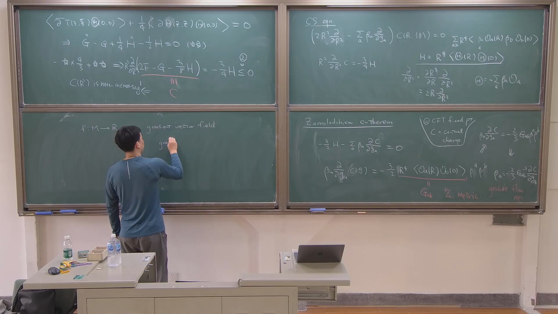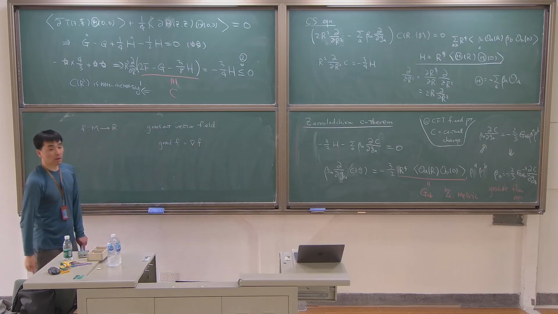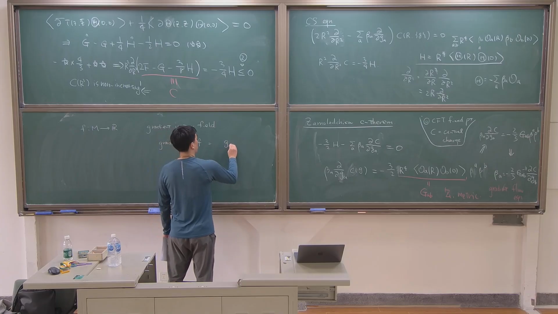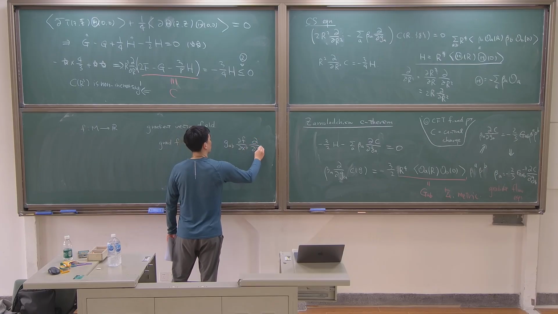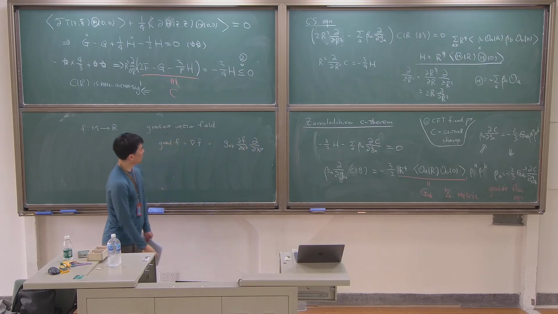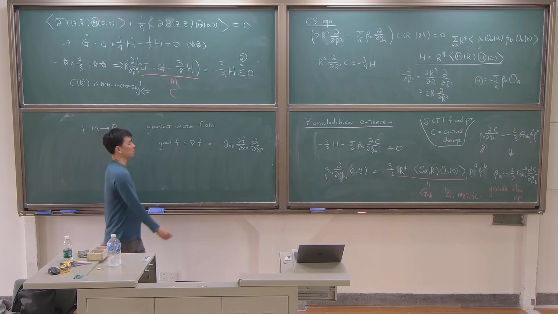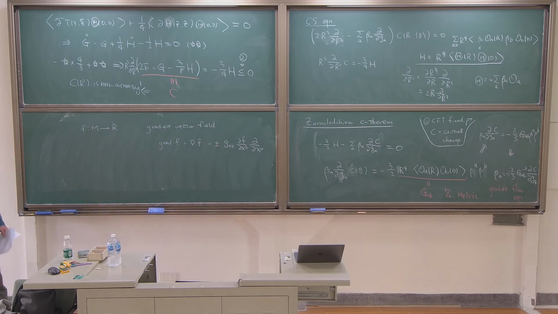Often people write grad f, or nabla of f, such that this is equal to g^{ab} ∂f/∂x^b ∂/∂x^a. It depends on notation; some people put a plus or minus sign depending on the convention. So this is called the gradient vector field.